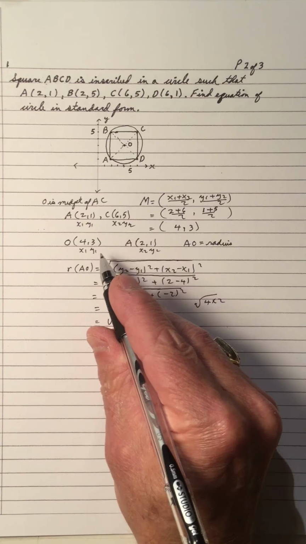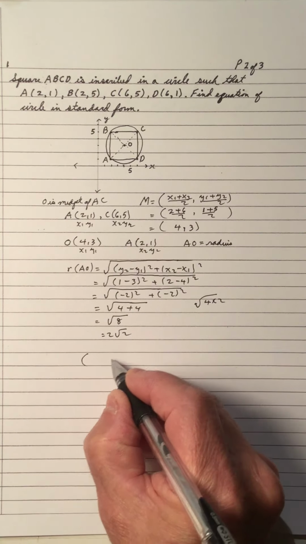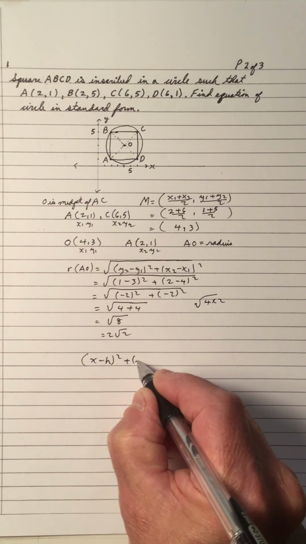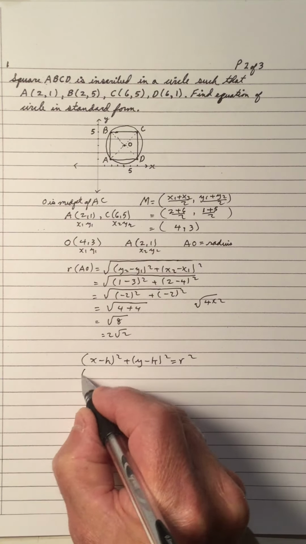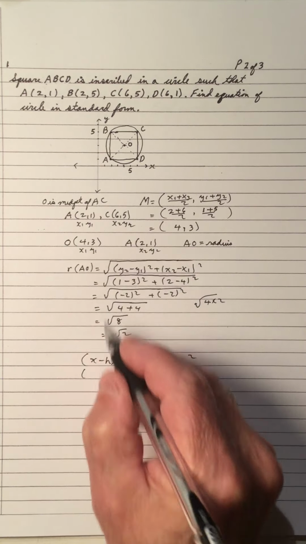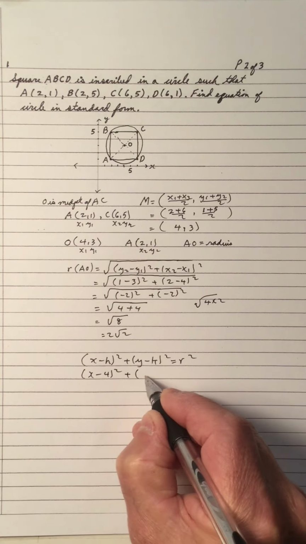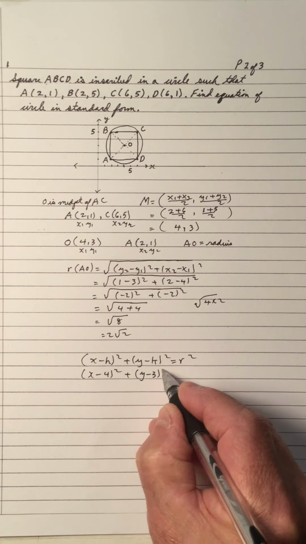So we have a circle with center (4, 3). The equation is (x minus h) squared plus (y minus k) squared equals r squared. So it's (x minus 4) squared. The y coordinate is 3, so we change the sign.